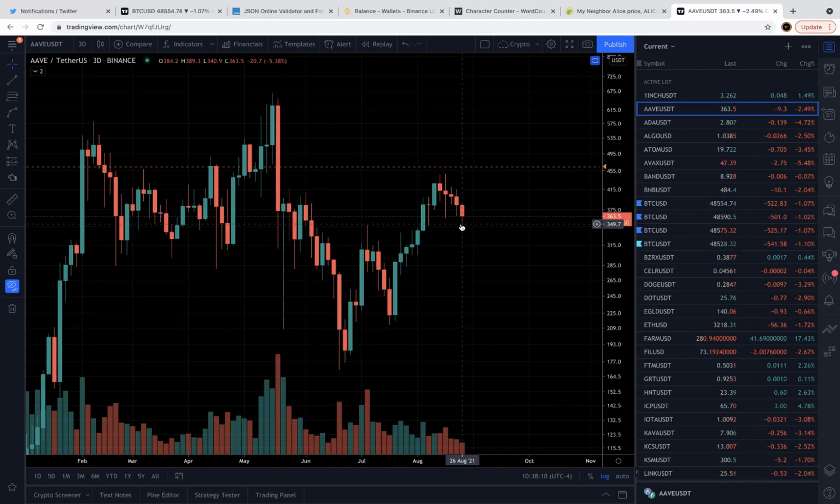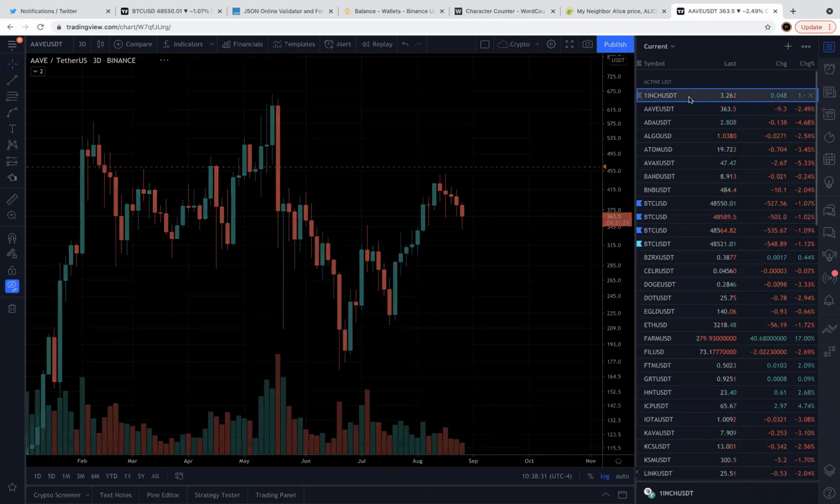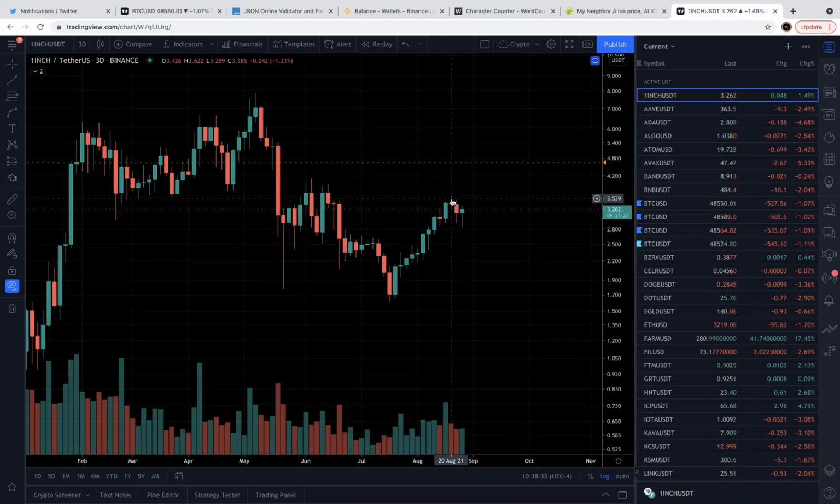One is an alt would dip or correct or retrace when it hits the resistance, or second, when the Bitcoin goes down, right? So this first reaction is because of resistance, and the second was because of Bitcoin. Whereas in 1 inch, this reaction was because of Bitcoin.